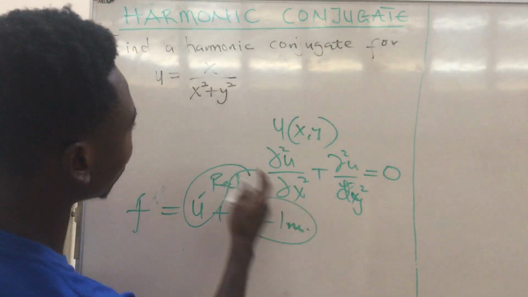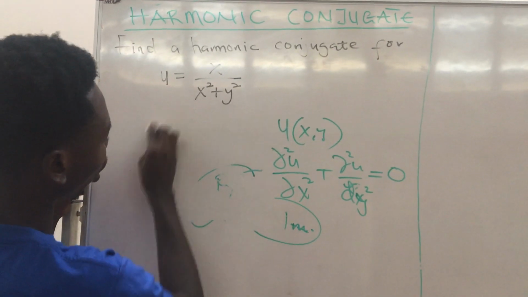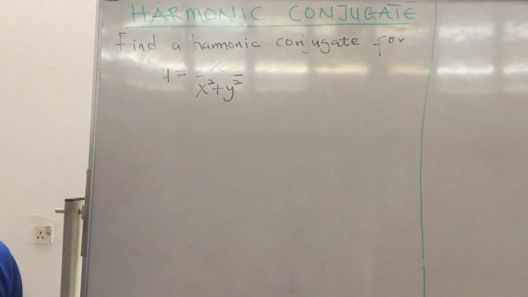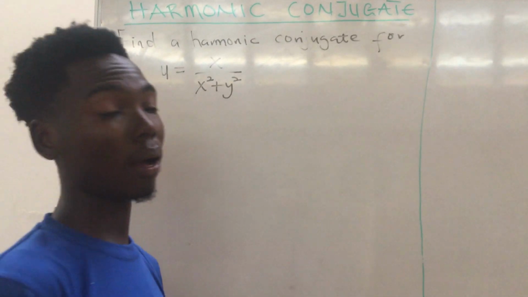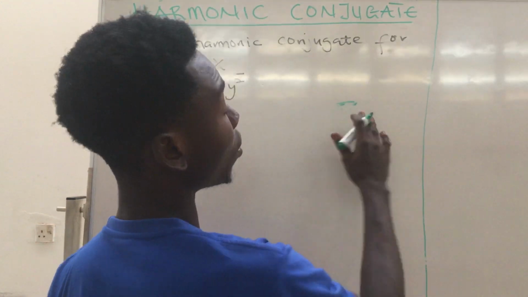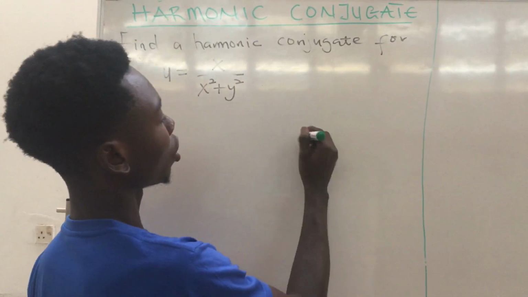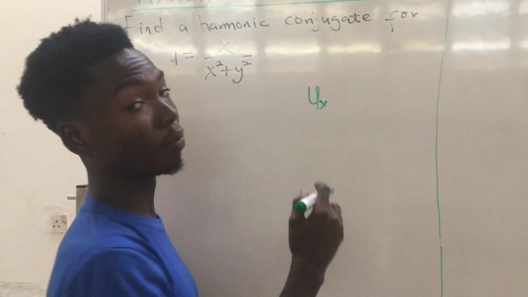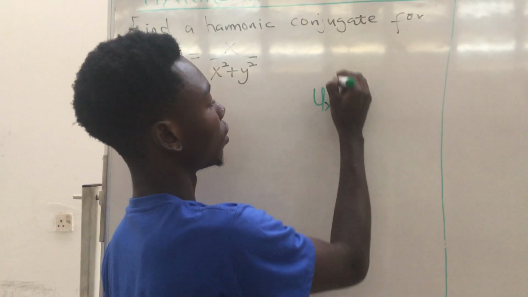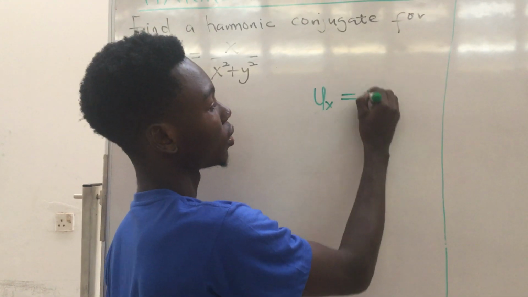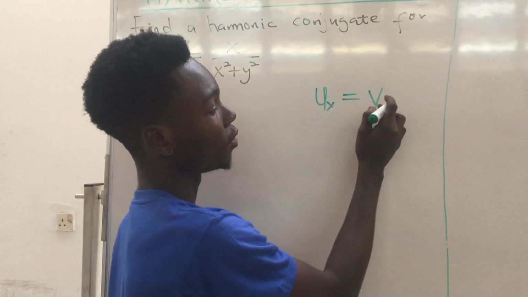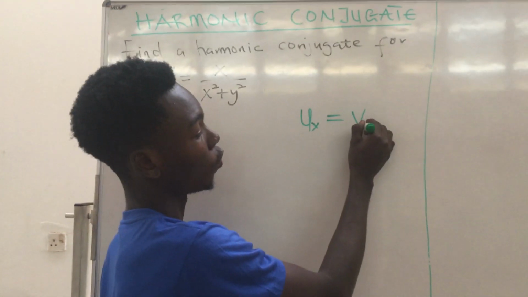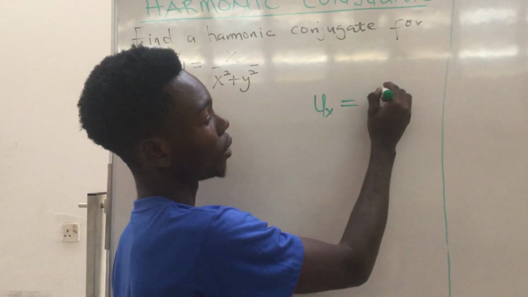So let's look at this example, how to find the harmonic conjugate of this. Here we need to apply the Cauchy-Riemann equations, which say that when you take the derivative with respect to x of the real part, it must be equal to the derivative with respect to y of the imaginary part.